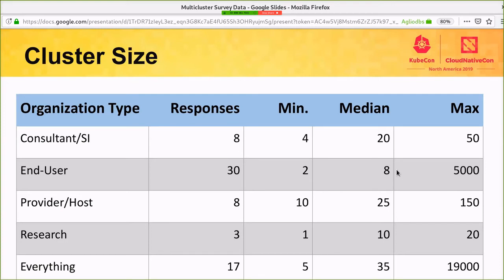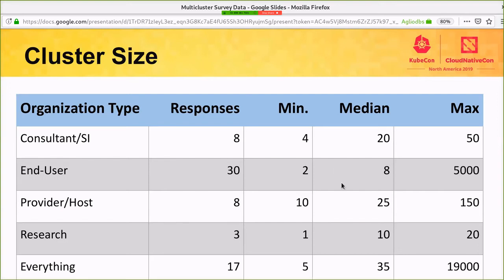Overall, what we're looking at is end users actually have the largest, we have a definite hockey stick distribution in terms of how many clusters people are using, where most of the people responding are running somewhere in the low double digits of clusters, except that there's a few who are running hundreds or thousands.